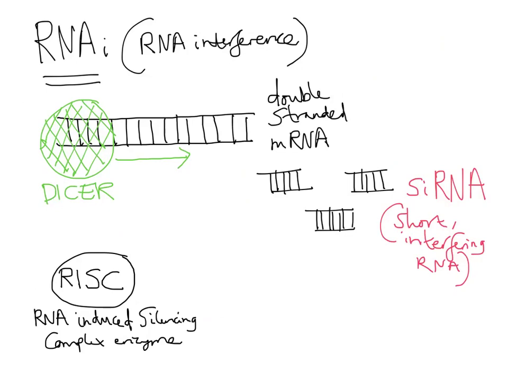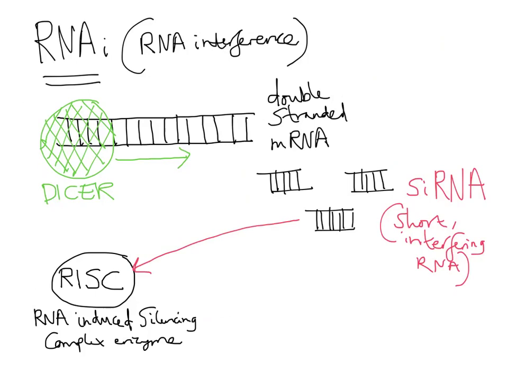for. Now what happens ultimately is that short interfering RNA, one of those small pieces that we had, comes to join to RISC. It binds to RISC, and then half of that double-stranded RNA detaches.